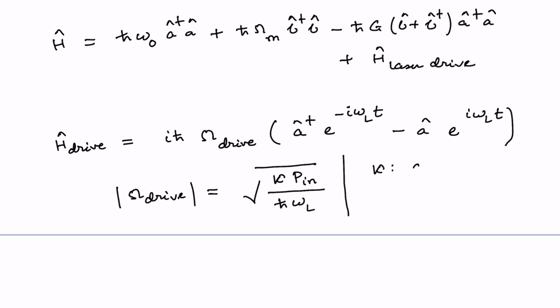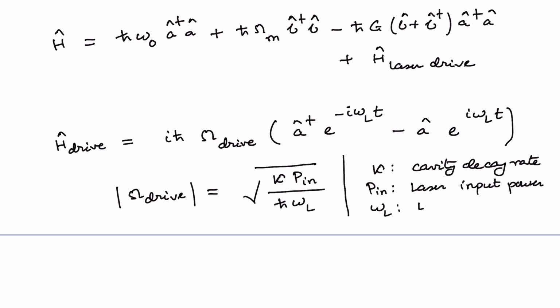Kappa is the cavity decay rate, P_in is the laser input power, and ω_L is the laser frequency.